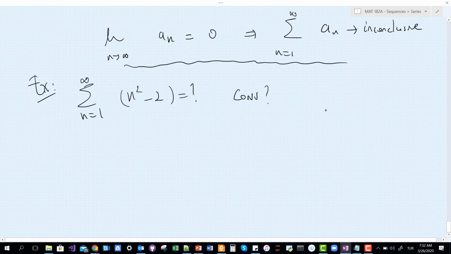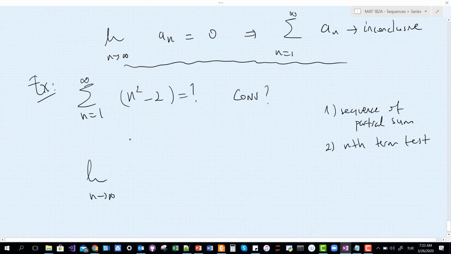The first one is the sequence of partial sums. But now I learned I can use the n-term test, or the divergence test. I'm going to use the n-term test this time since it's not possible to use the first technique for this question. I'm going to skip that part.